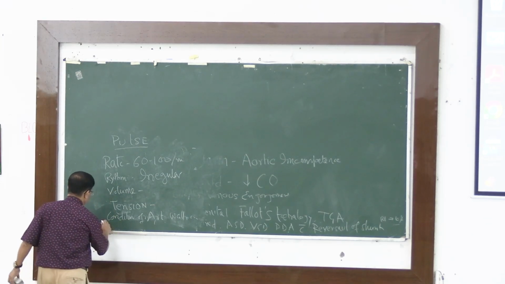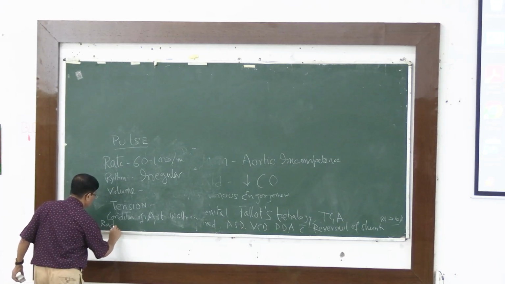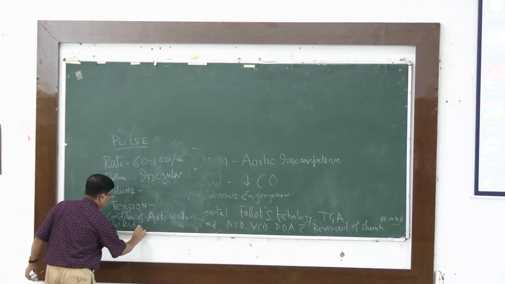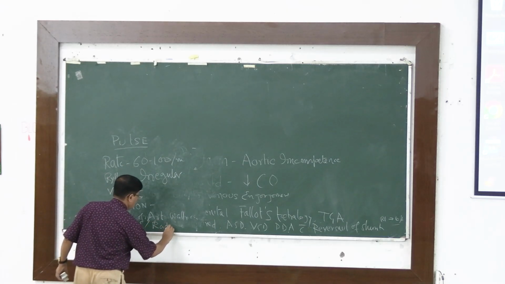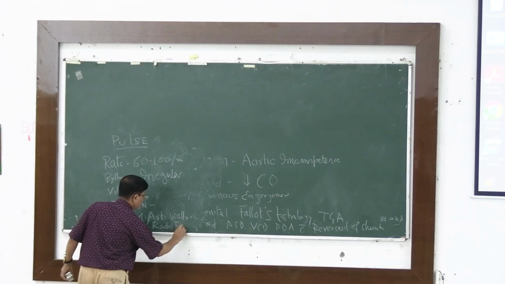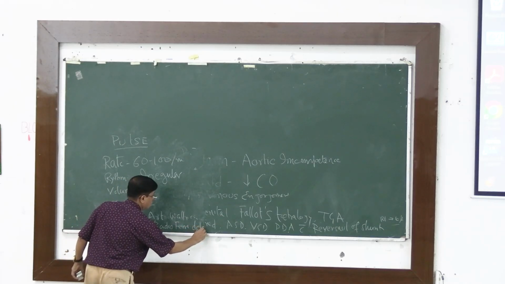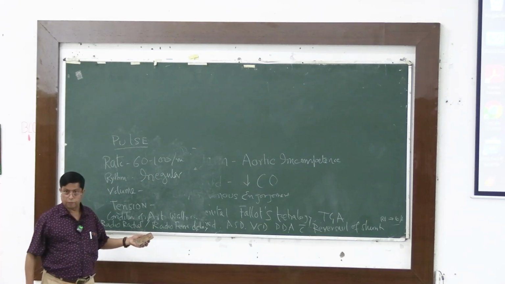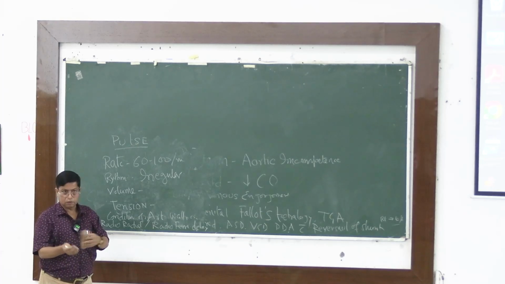And last is radio-radial or radio-femoral delay. All these things you will have to tell in your pulse. Radio-radial or radio-femoral delay means the left hand pulse and the right hand pulse are different.